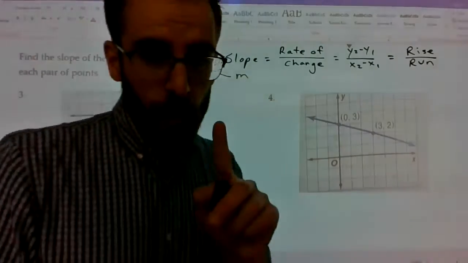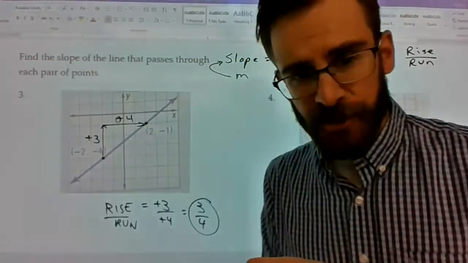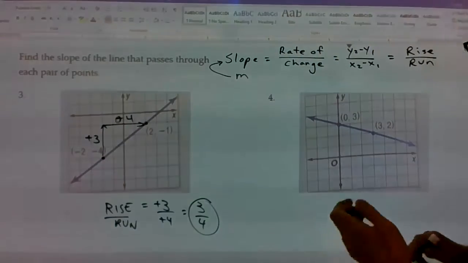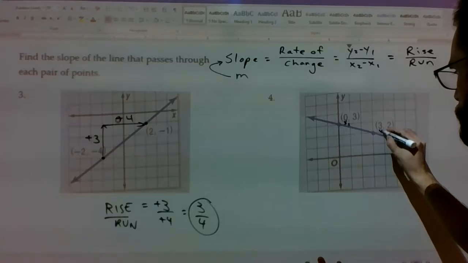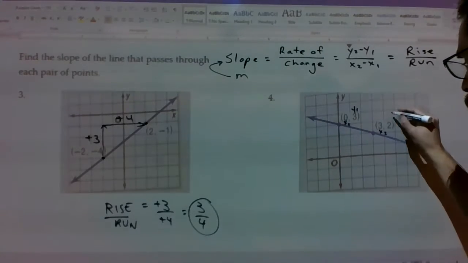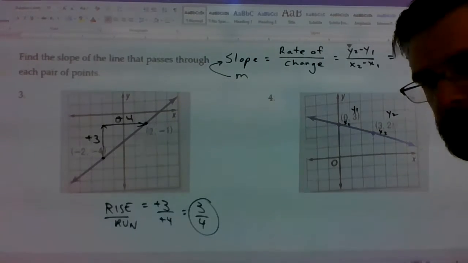Now, if you guys were not using the counting strategy and you were saying, well, I got these ordered pairs and I just said that this was x1, this was x2, this was y1, this was y2, that's totally okay.